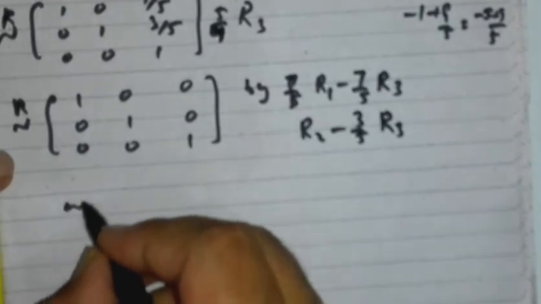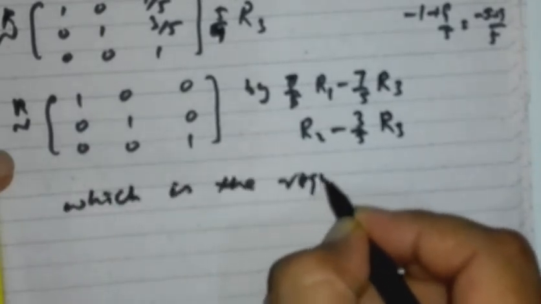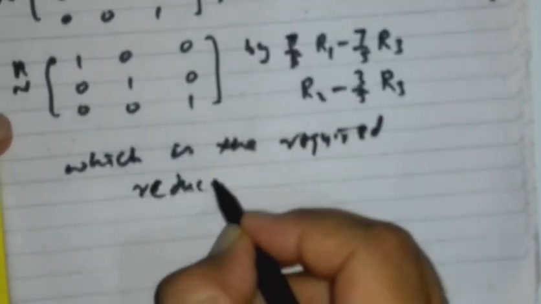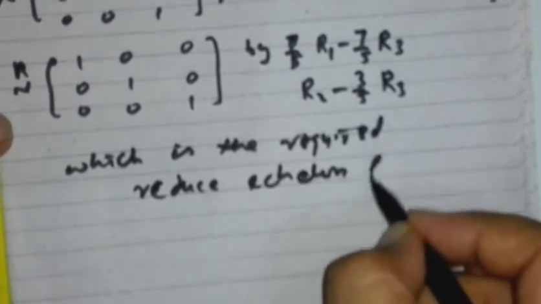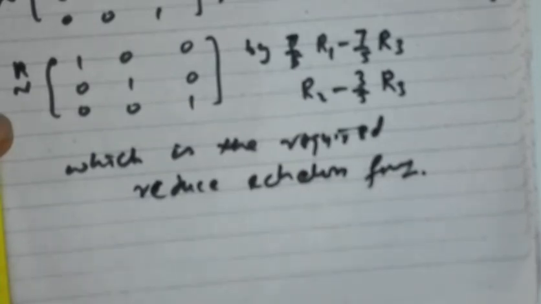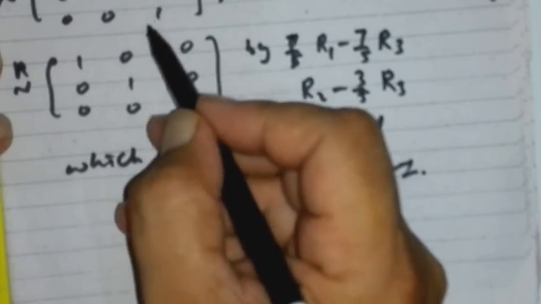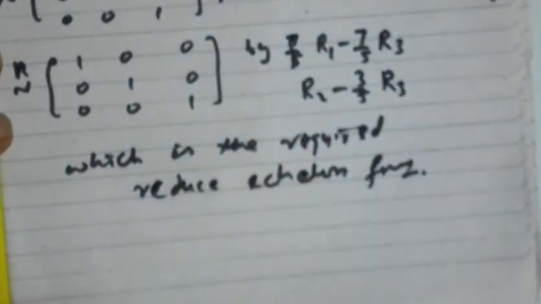Look here, R3 0 and here R3 0, which is the required reduced echelon form. Look here, we have multiplied 3 over 5 and subtracted it from 3 over 5, we get 0. 7 over 5 subtracted from 7 over 5, we get 0. This is the required echelon form.